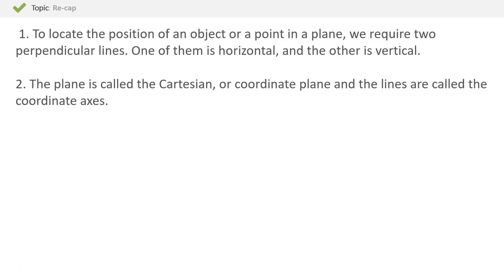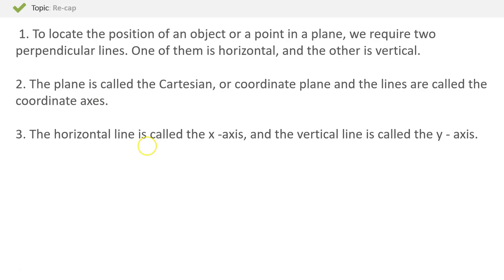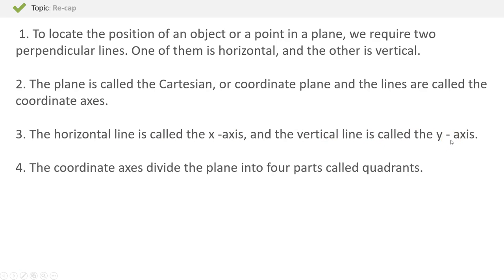The plane is called the Cartesian or coordinate plane, and the lines are called coordinate axes. The horizontal line is called x-axis and the vertical line is called y-axis. The coordinate axes divide the plane into 4 parts called quadrants.